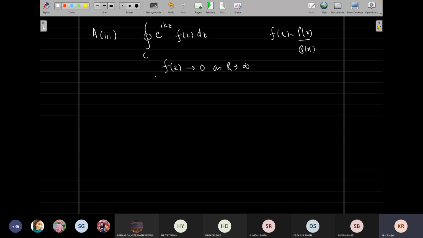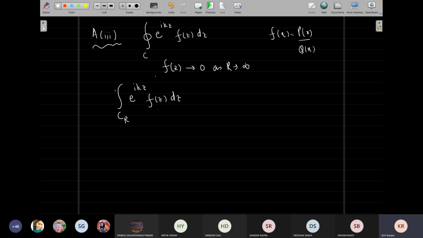Why and what am I talking about? Let me just quickly tell you. So look into this integral which we are writing and which goes to 0 basically. Look at this again, e^{ikz} f(z) dz. Can somebody quickly remind me, when we were doing this A1, why I asked you to take 2 degrees more and not 1 degree more?